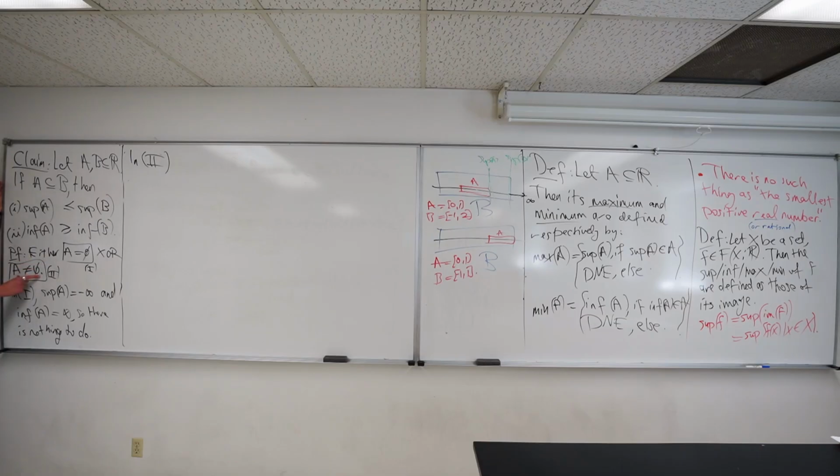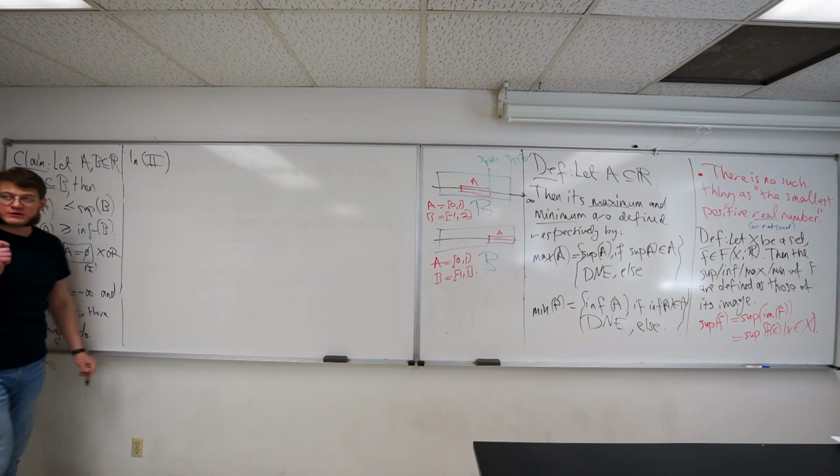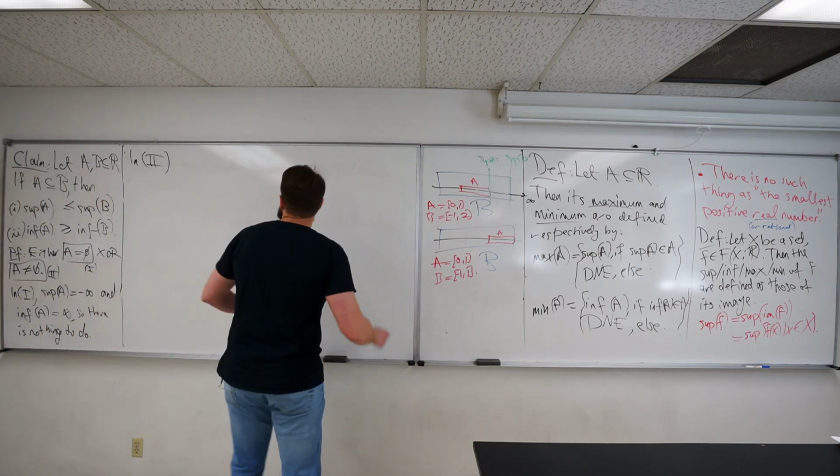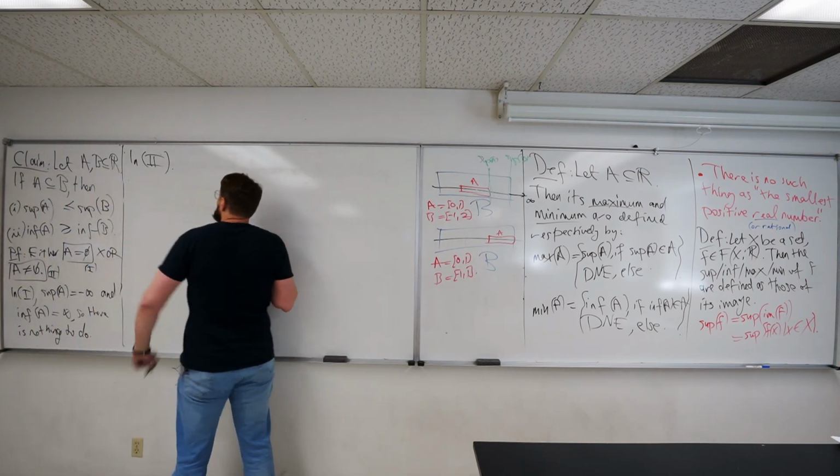If I didn't know at this stage that A were not the empty set, I couldn't just say let X be in A. But since in the second case I'm assuming that A is non-empty, I can go ahead and take 1 point. I don't know how many points there are in A, but I know that there's at least 1. Okay? So case 2.